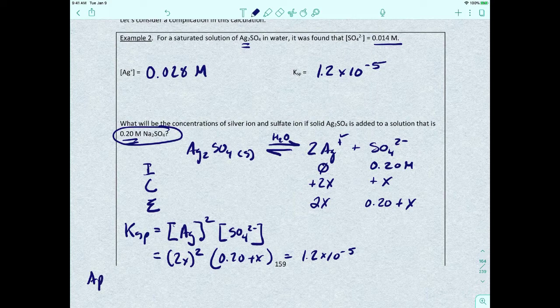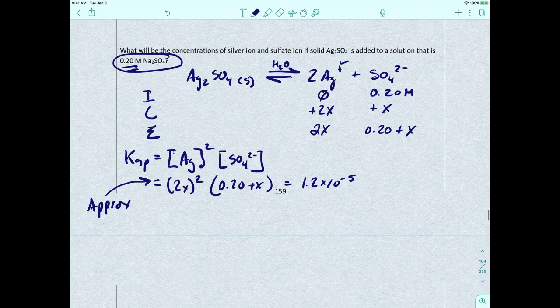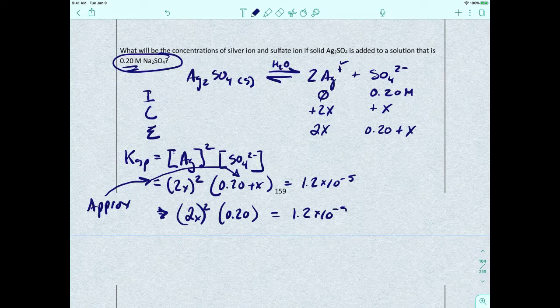Now if we apply our approximation like we did for acid-base chemistry, the x in the 0.2 plus x part we can ignore. The x is not going to be that much to change that value drastically. So it now becomes 2x squared times 0.20 equal to 1.2 times 10 to the minus fifth.